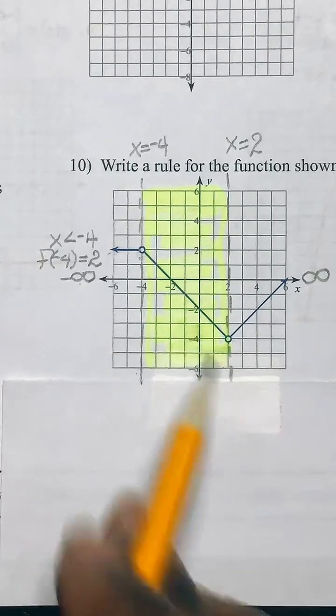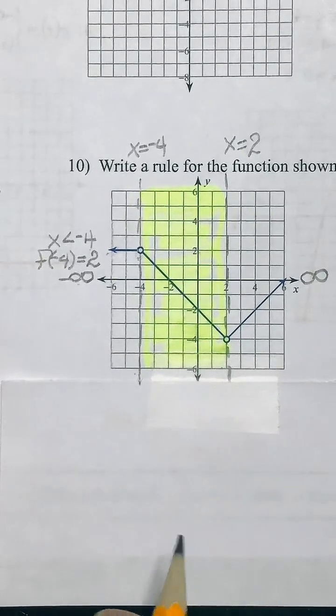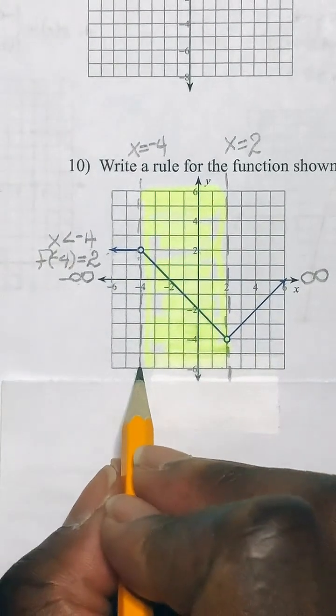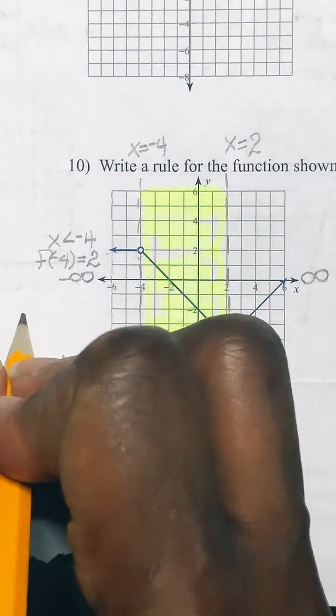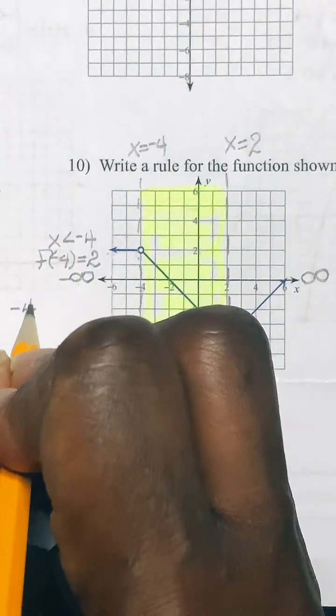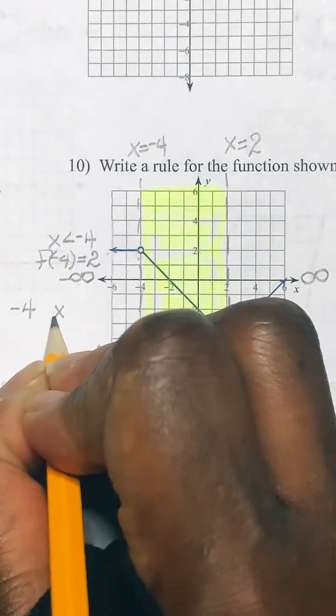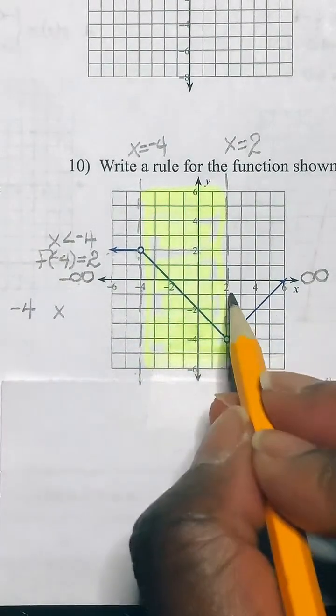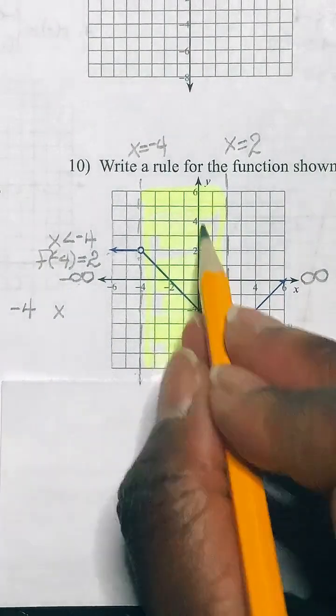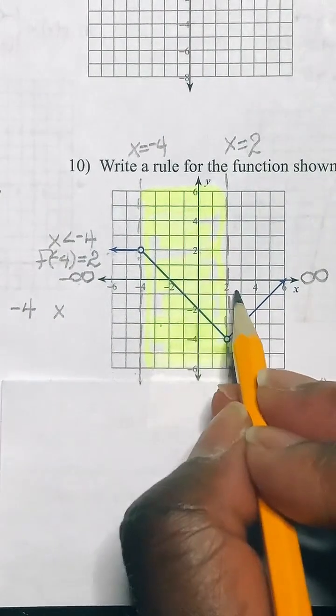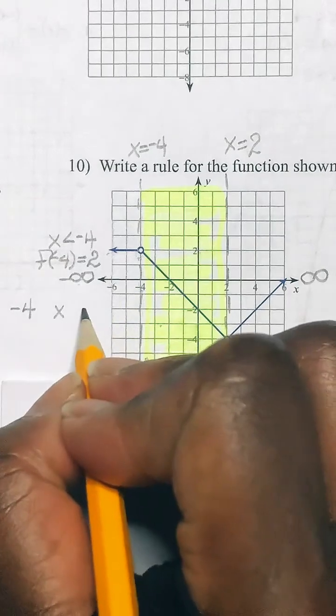If I write it as an inequality, I have my lowest number, which is -4, my x in the middle, and then my highest number for this yellow section, which is +2.